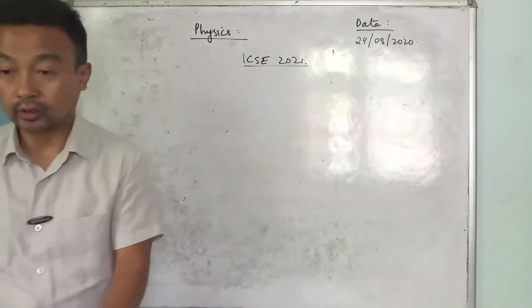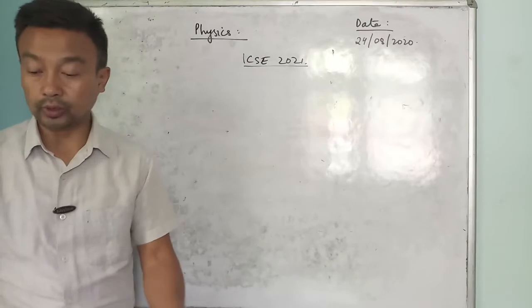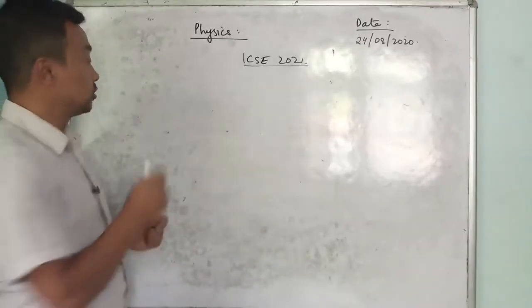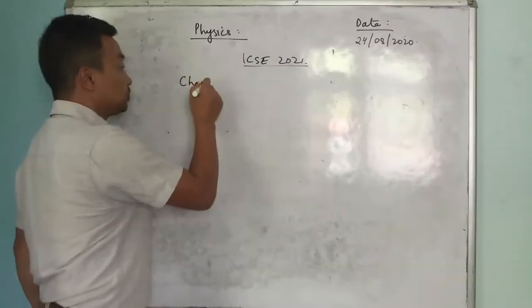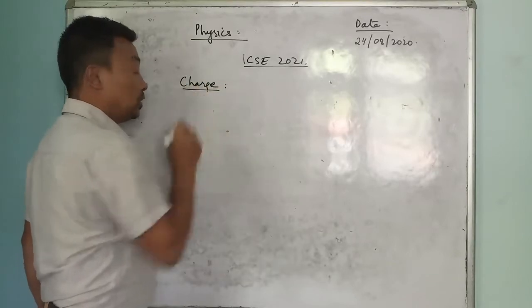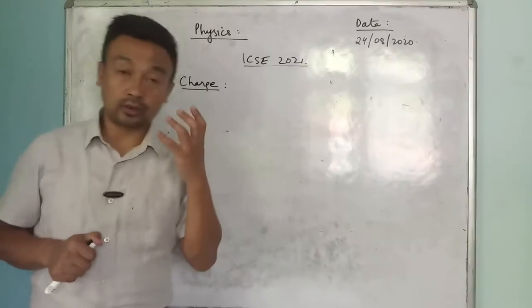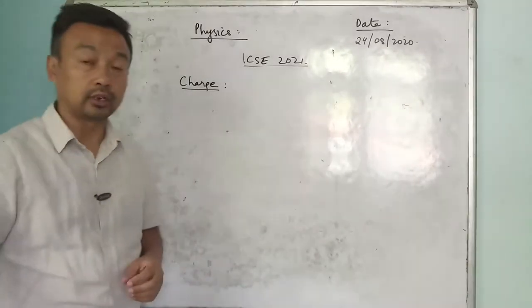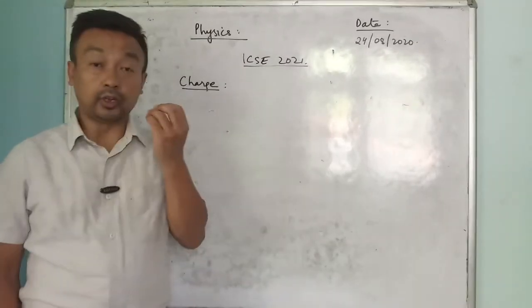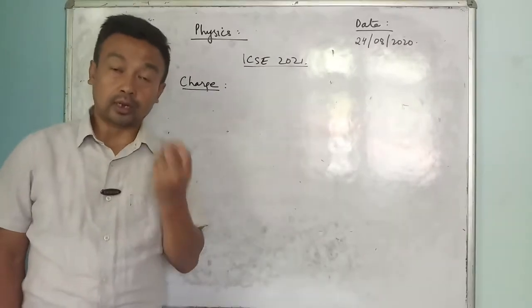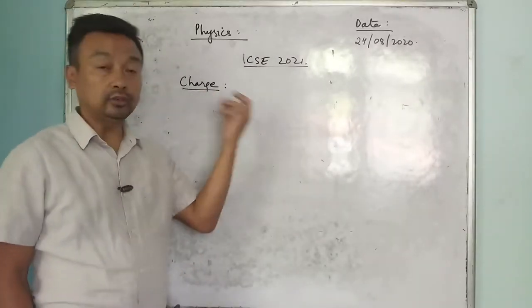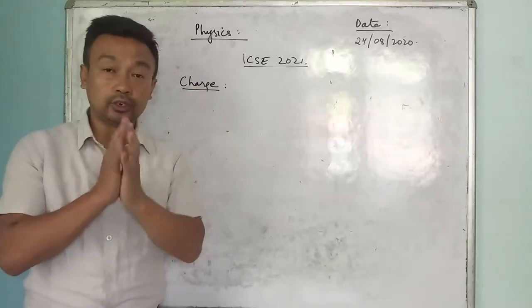Alright, so now let me start straight away with the first quantity in this topic, that is charge. Charge in a conducting body or conductor constitutes electrons. Basically, charge is the electrons present in a body.